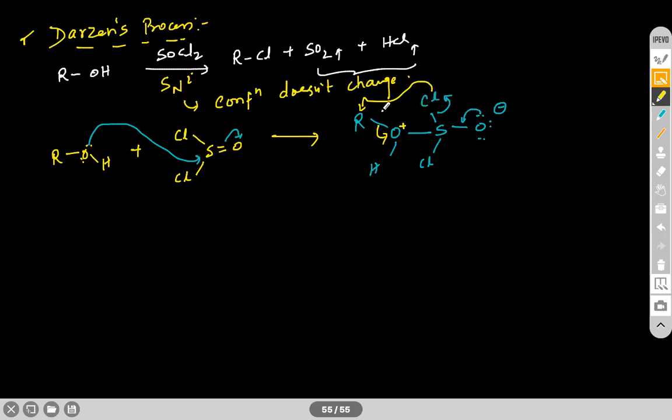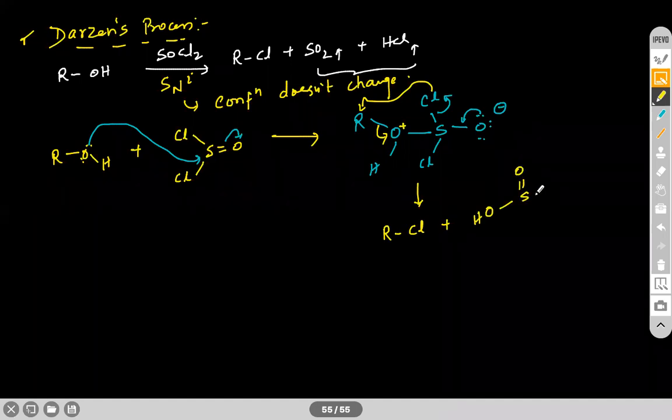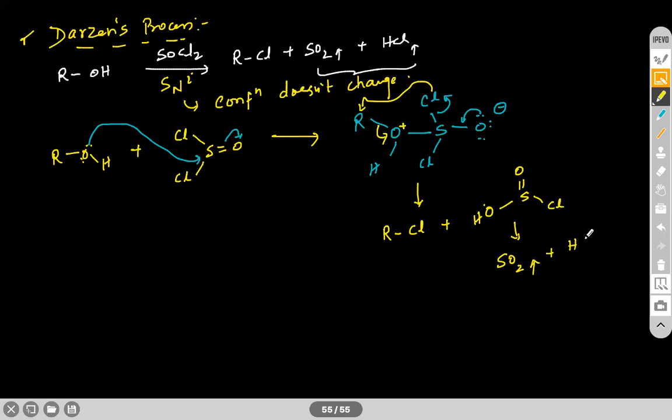So this chlorine takes this R. So it gives you RCl with OH, S double bond O, Cl, right? This further decomposes. This bond pair comes over here, H plus takes this Cl minus. This further decomposes into SO2 and HCl. This is not important, okay? The important thing is here.